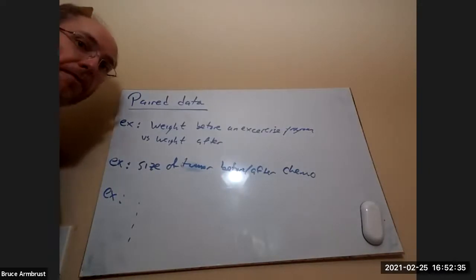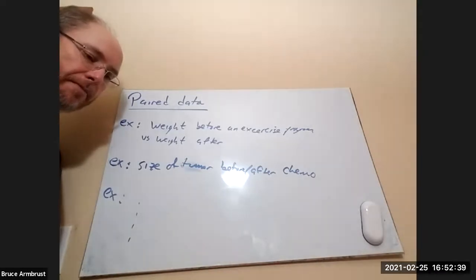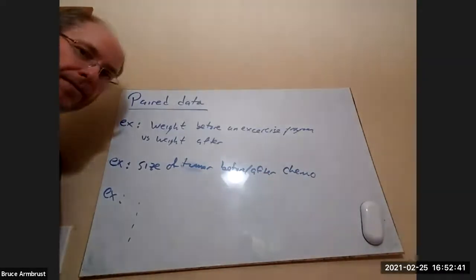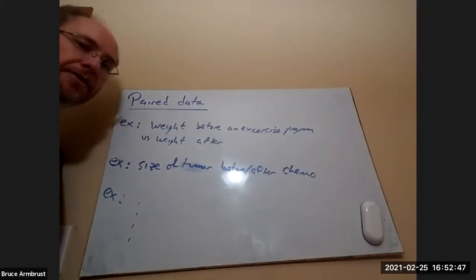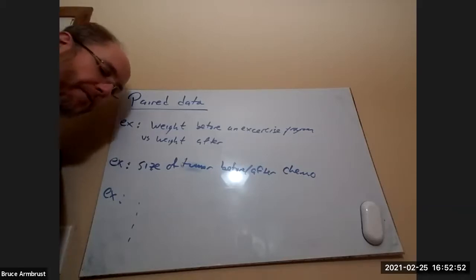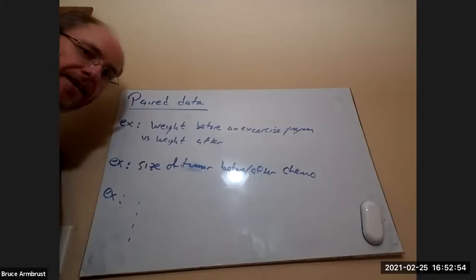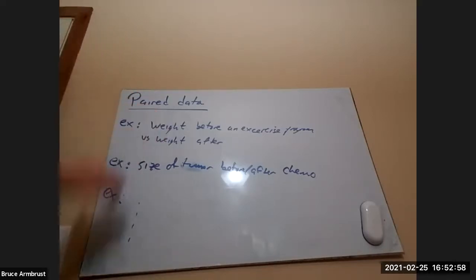How are things looking before? How are they looking after? Right? Maybe grades on exams. How were they prior to tutoring, after tutoring? Reading comprehension before, after taking an English class.